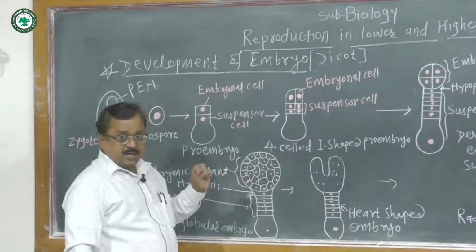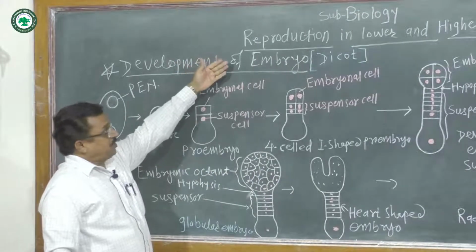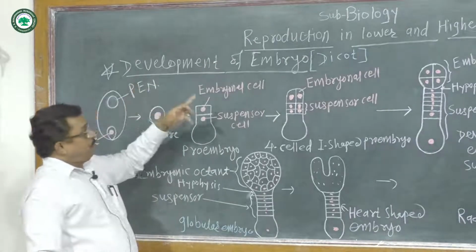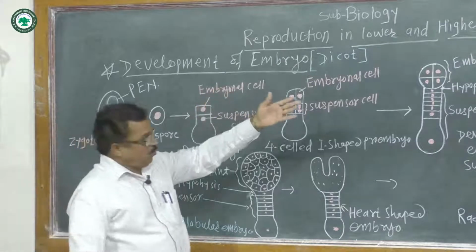Today I will start the topic of sexual reproduction in flowering plants, that is, development of embryo in dicot plant as well as in monocot plant.